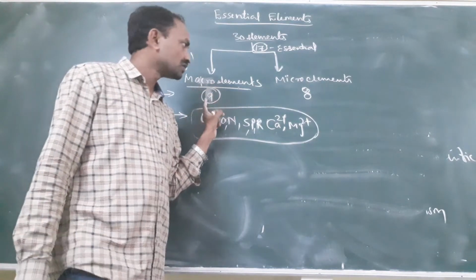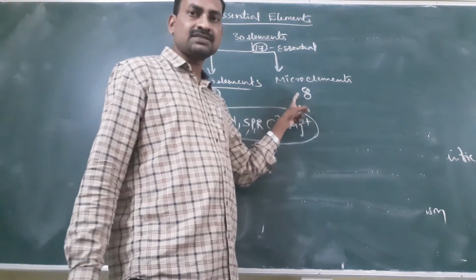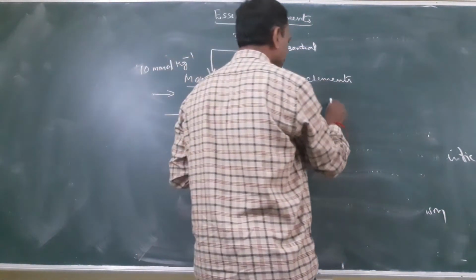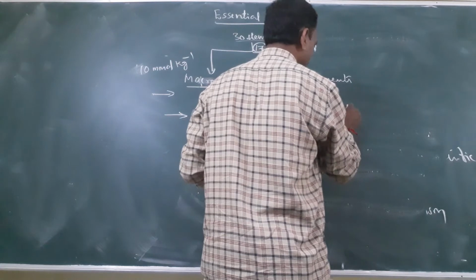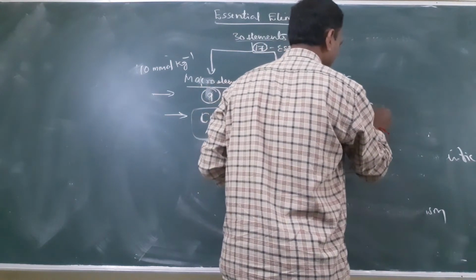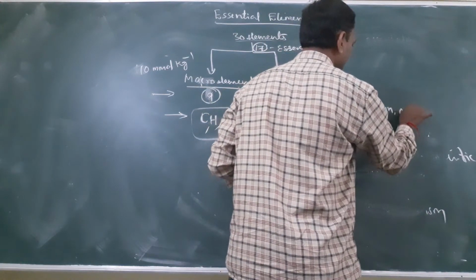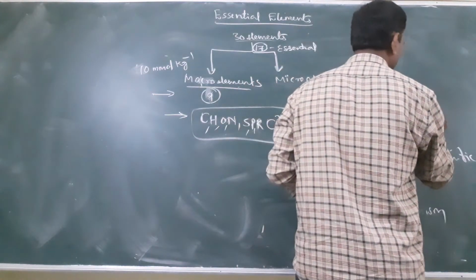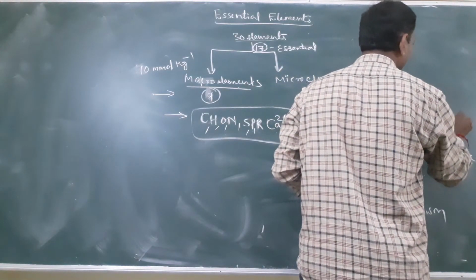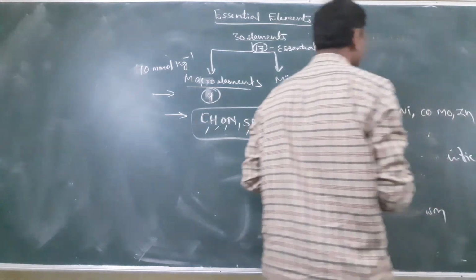Understood? Now micro elements. What elements come under micro elements? Boron, chlorine, iron, manganese, nickel, cobalt, molybdenum, zinc.